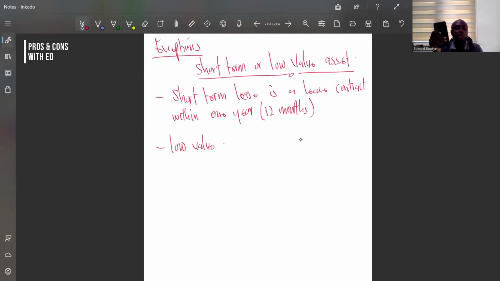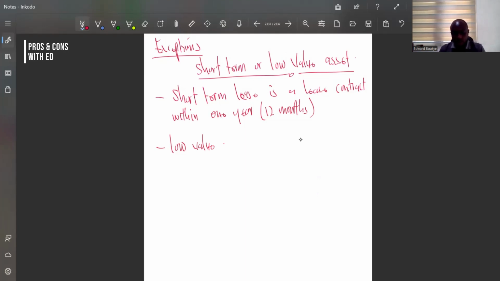That value is what I'm going to use as the low value. Those items demonstrated to be low value assets can be treated under a low value lease contract.